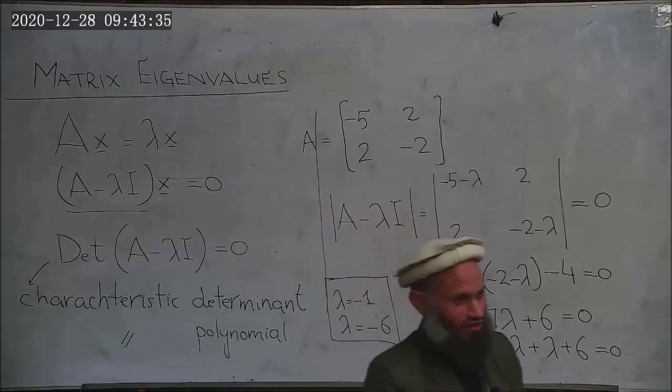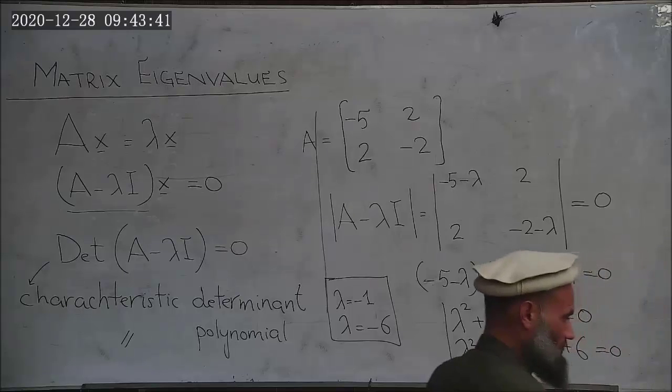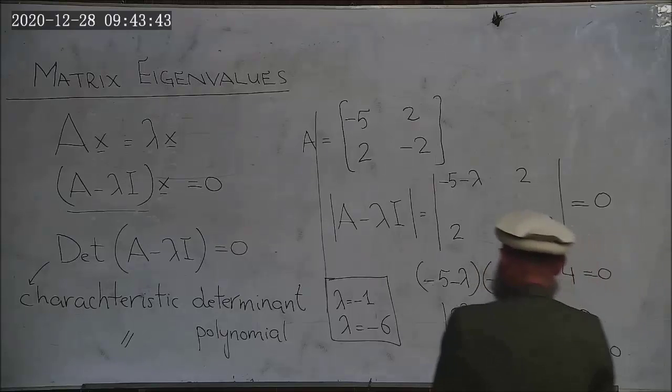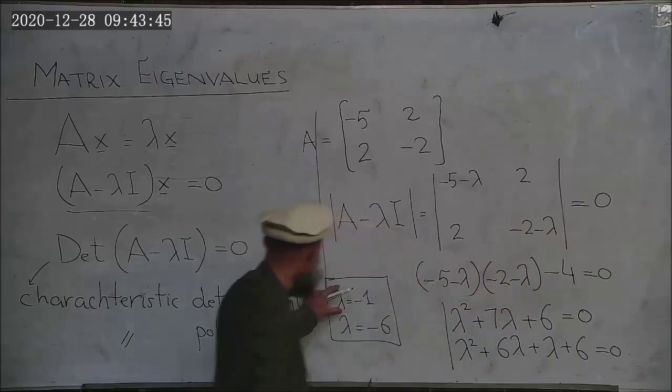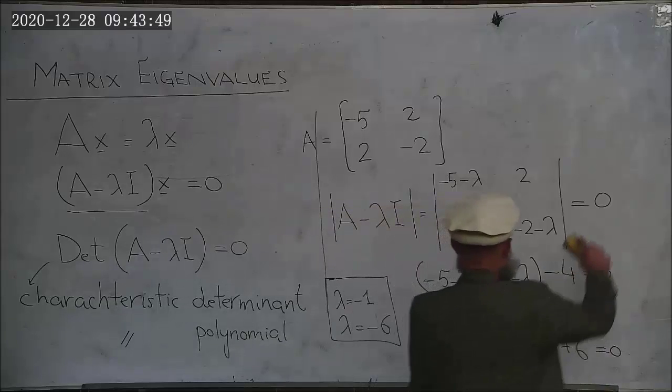And then how to find the corresponding eigenvectors? Now we know how to solve a system of equations. We shall substitute this value of lambda over here and solve the system of equations.